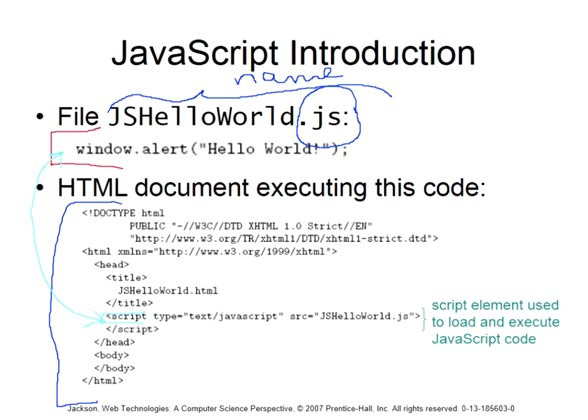Here we write script with type equal text/javascript and src equal helloworld.js. In the src attribute, we specify the name of our JavaScript file, the same name. Is it clear?